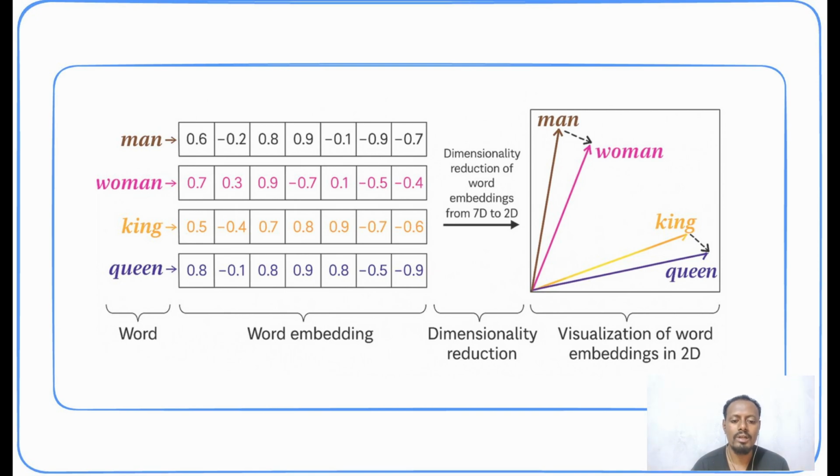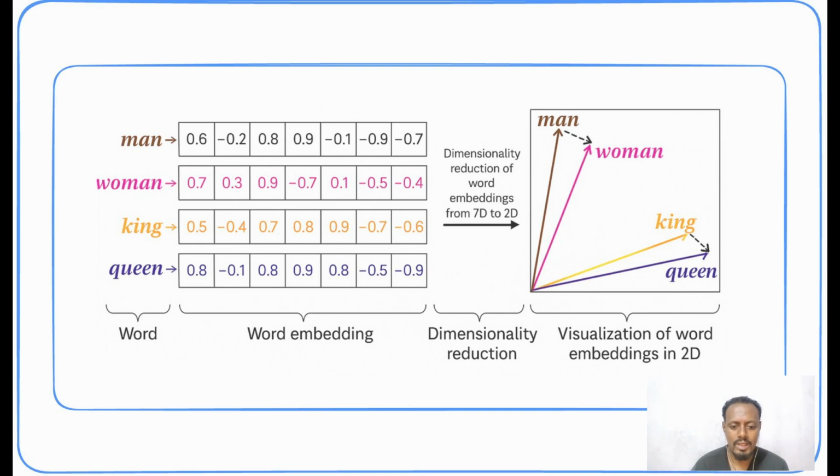Now here is a famous example: king, queen, man, and woman. Draw a line from man to king. The direction, the arrow, represents something like royalty, like being elevated to the top. Now take that exact same arrow, put it on woman, and follow the same direction. You land right next to queen. The relationship is preserved.